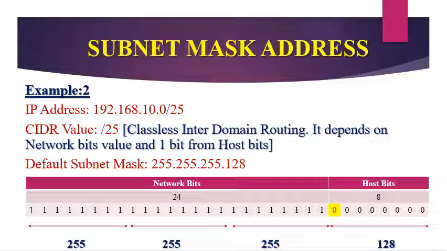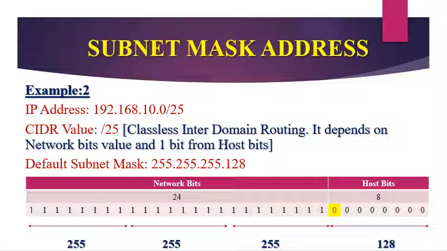In this example, the given IP address is 192.168.10.0, but the CIDR value is /25. I already told you the CIDR value depends on the number of network bits.